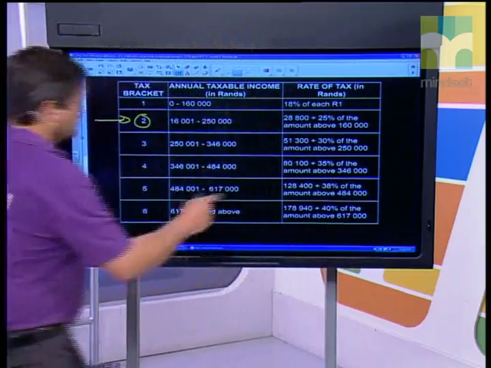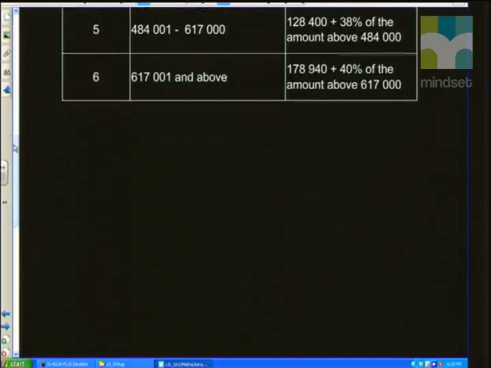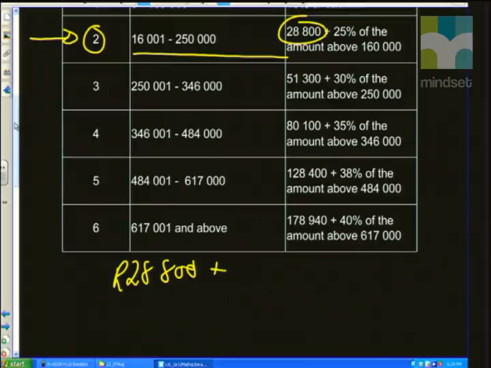All right. So, we're earning 164,000. According to my table, I've got to pay an amount of 28,800 rand up front, plus 25% of every rand above 160,000.